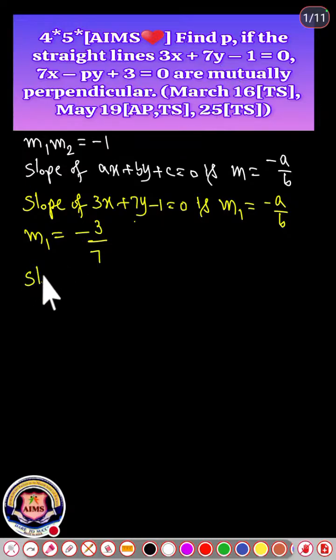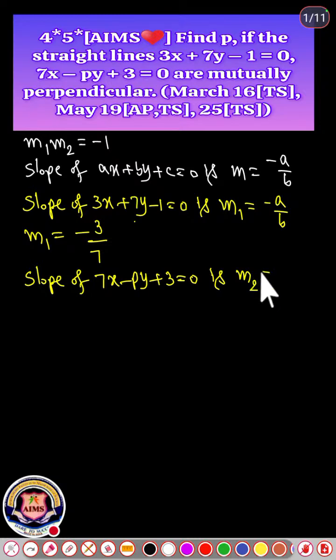And the slope of the second line 7x - py + 3 = 0 is denoted by m2 = -a/b. So m2 = -7/(-p); the minus signs get cancelled, giving 7/p.